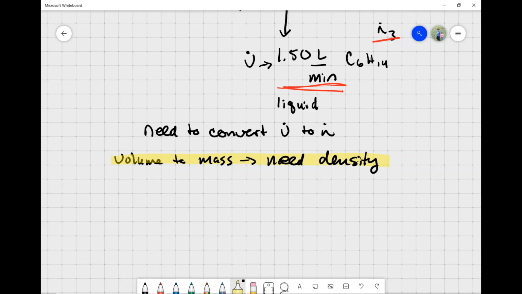Then to go to molar, you need the molecular mass.